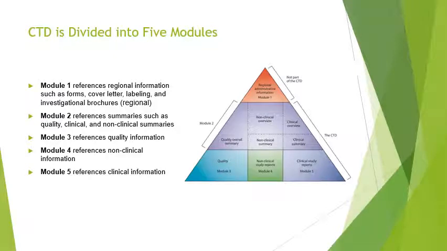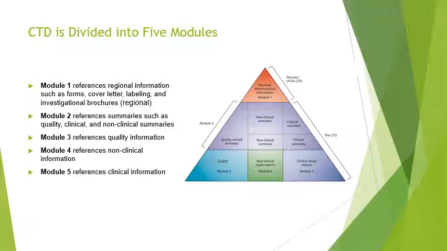As I've said earlier, the CTD triangle is a graphical representation of various modules. We'll start with module 1. In CTD it's called module 1, but in its electronic version, ECTD, it's M1. Similarly, it will be M2, M3, M4 and M5 for modules 2, 3, 4 and 5.